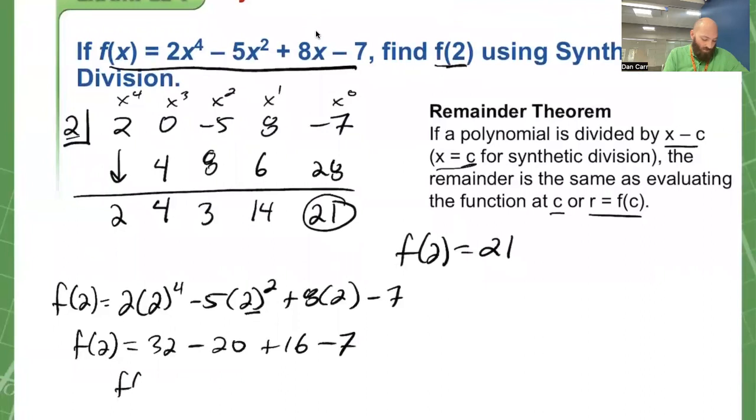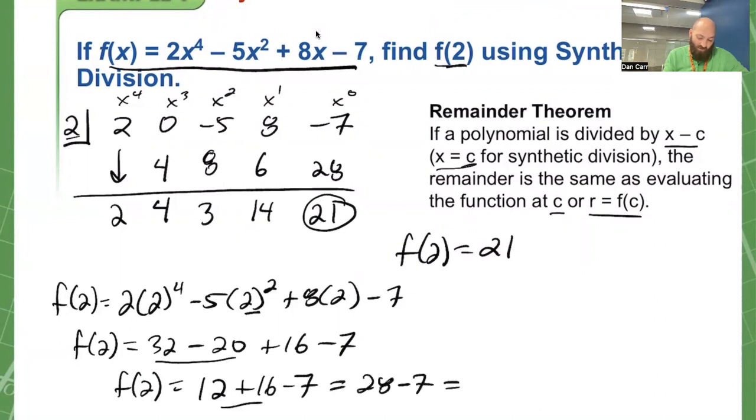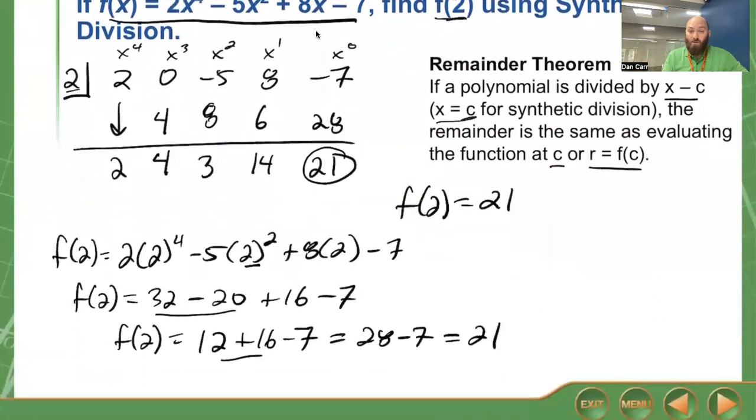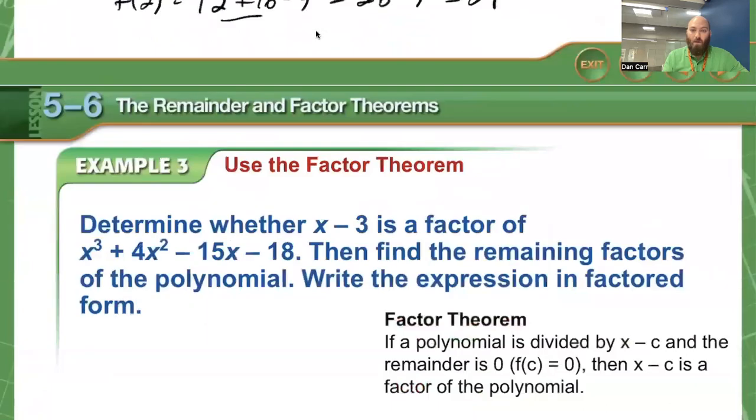Okay, so for f of 2 here, I can take 32 minus 20, which gives me 12, plus 16 minus 7. 12 and 16 is 28, minus 7, and that gives me 21 in the end. Okay, and that's our remainder theorem. So that's the idea there.